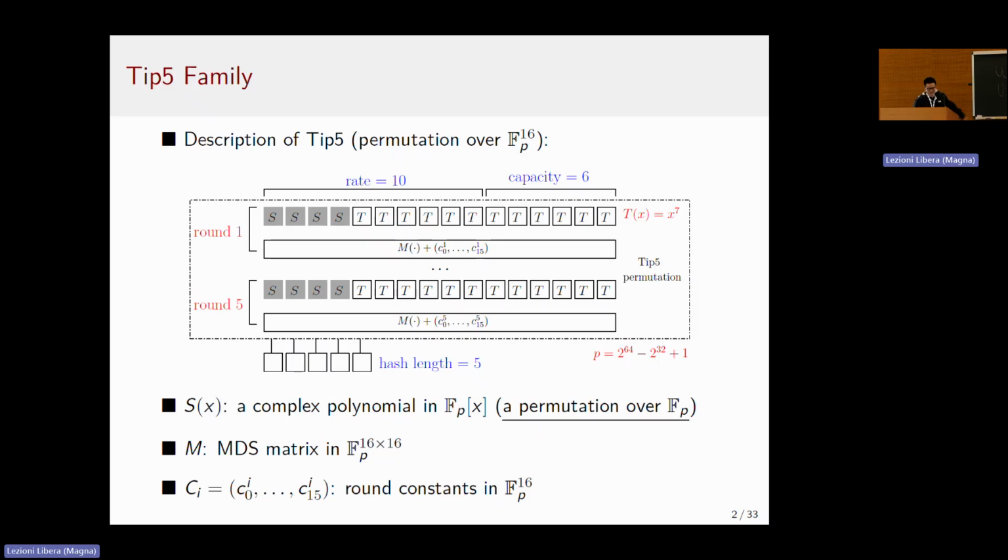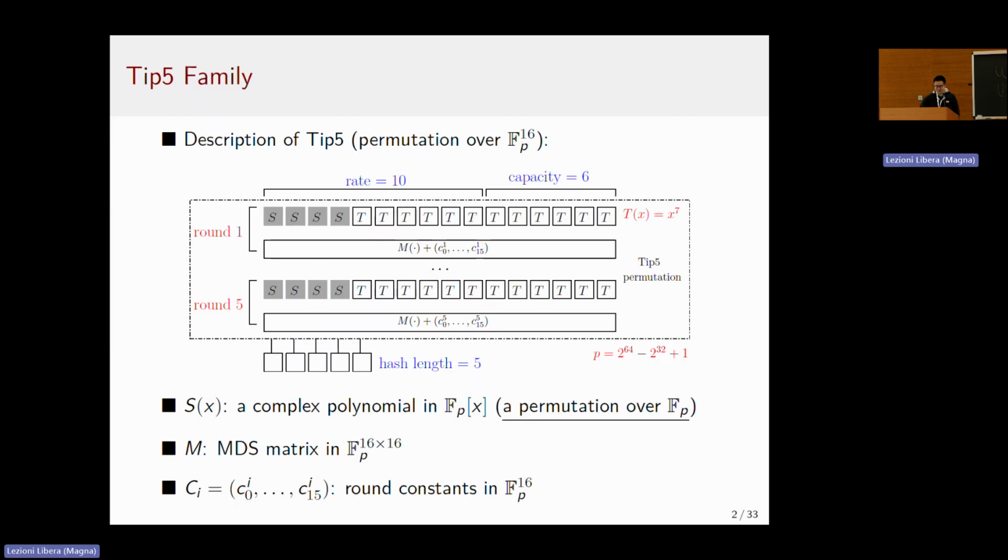It's a very common design based on the sponge structure. But you should note that the nonlinear layer is very special, because there are two types of substitution boxes: the S-box, the one colored in gray, and the T-box, where the T-box is simply the power map x^7.